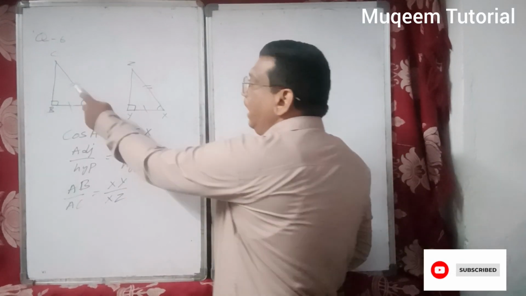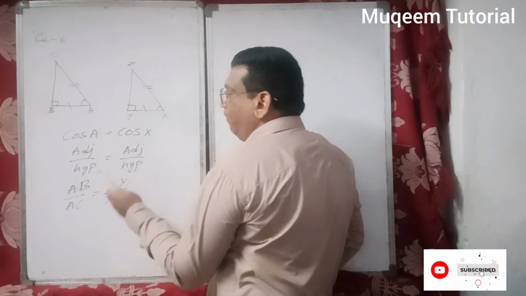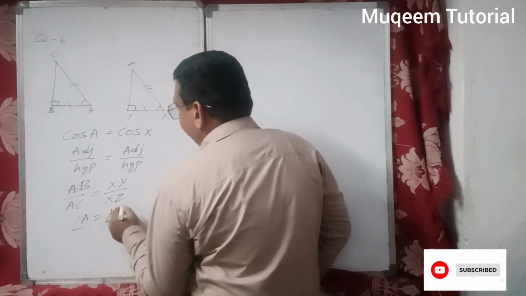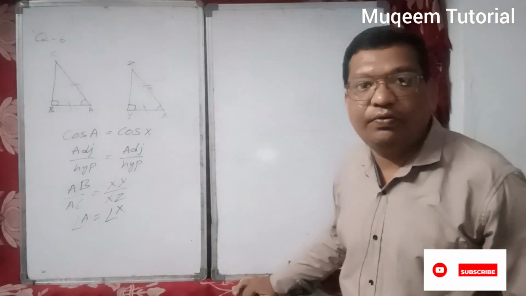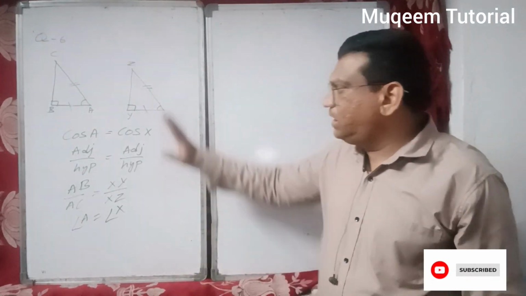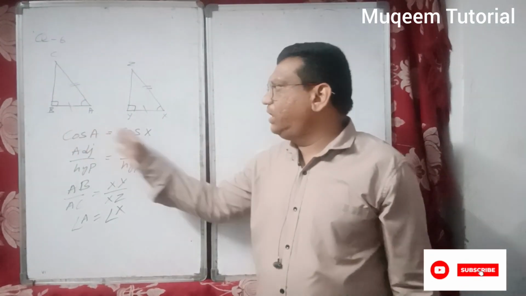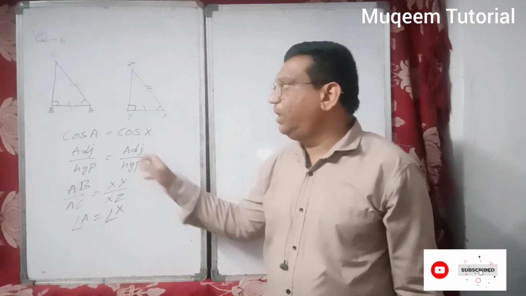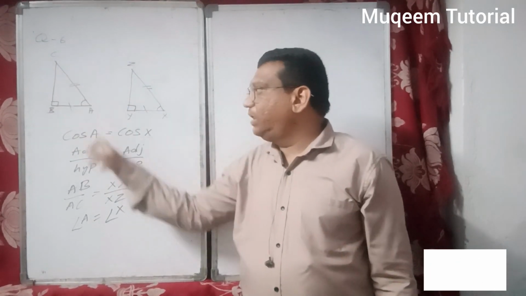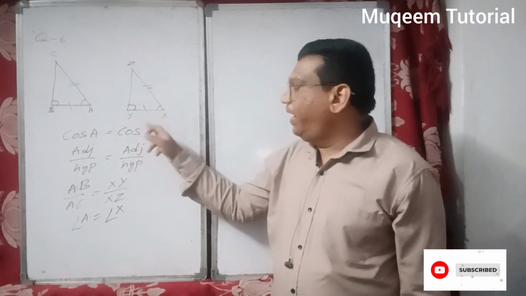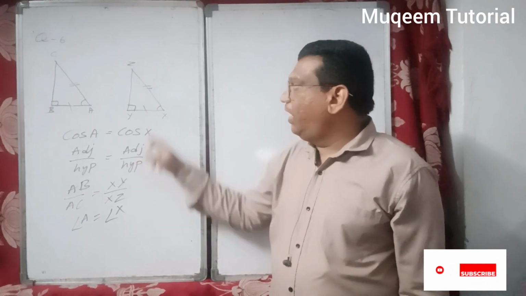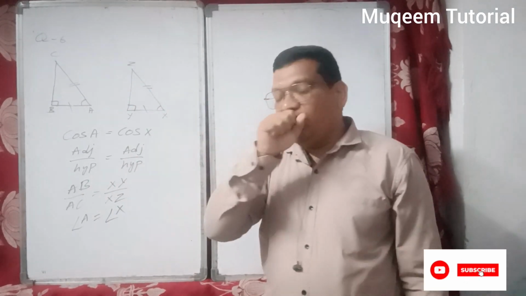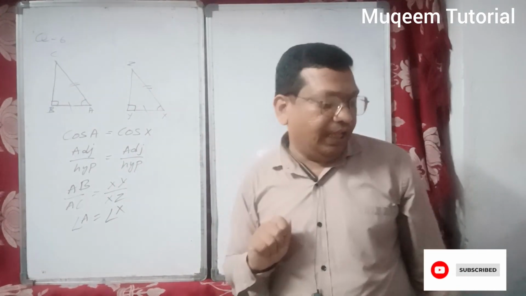So this side and this side are equal, this side and this side are equal. That's why angle A is equal to angle X. Cos A is equal to cos X is given, so adjacent by hypotenuse AB by AC equals XY by XZ. So this is equal, that's why angle A equals angle X.